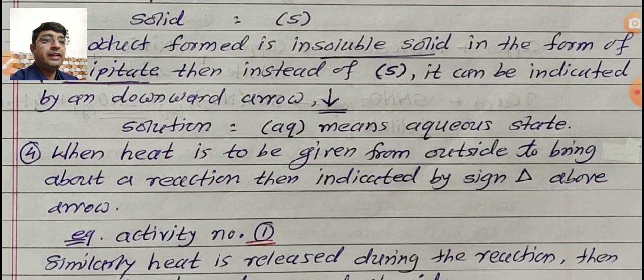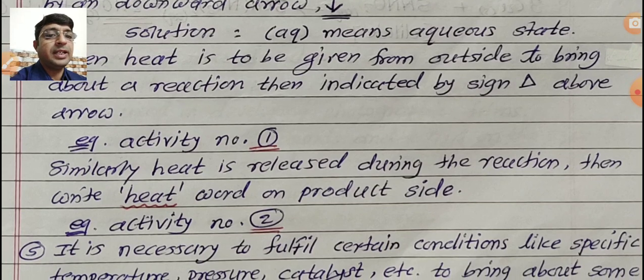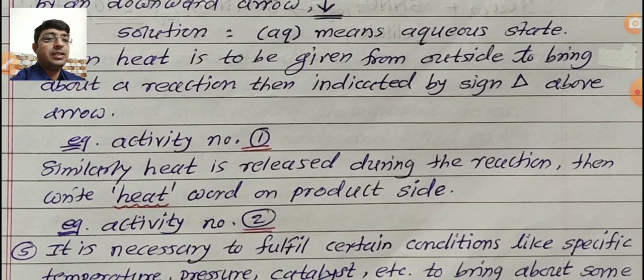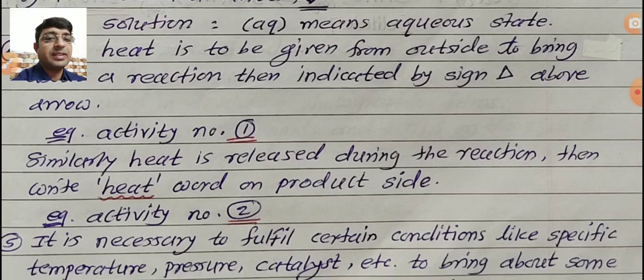Fourth point, when heat is to be given from outside to bring about a reaction, it is indicated by a triangle sign above the arrow. Example, activity number 1, you see that reaction. Similarly, if heat is released during the reaction, then write the word heat on the product side.